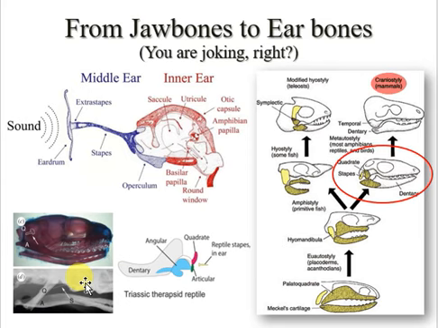However, the hyomandibular bone just so happens to be situated very close to the otic capsule. And it turns out that that bony material was excellent for transmitting sound. So while it lost its original function as a brace for the quadrate bone, the hyomandibular bone of your first tetrapods actually gained a new function as a sound transducer, transmitting vibrations into the inner ear.